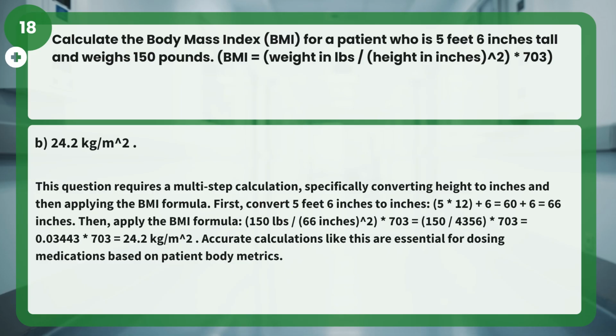Then, apply the BMI formula: 150 pounds / 66 inches² × 703 = (150 / 4,356) × 703 = 0.03443 × 703 = 24.2 kg/m². Accurate calculations like this are essential for dosing medications based on patient body metrics.